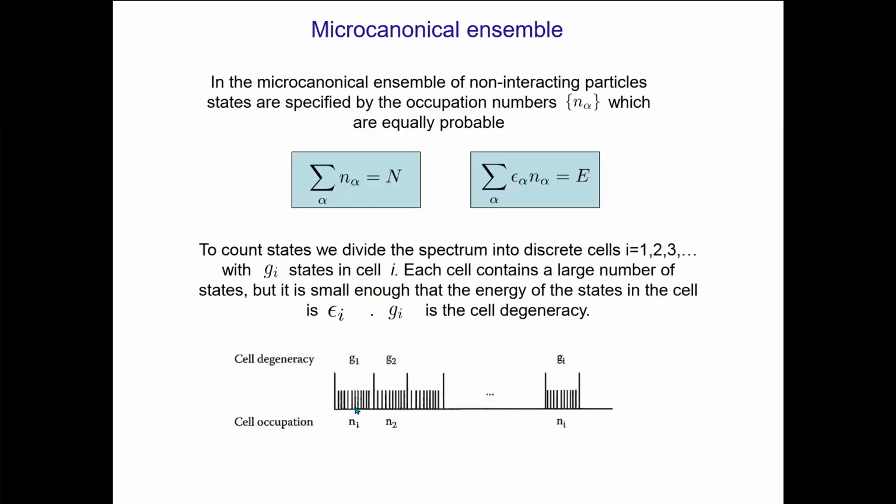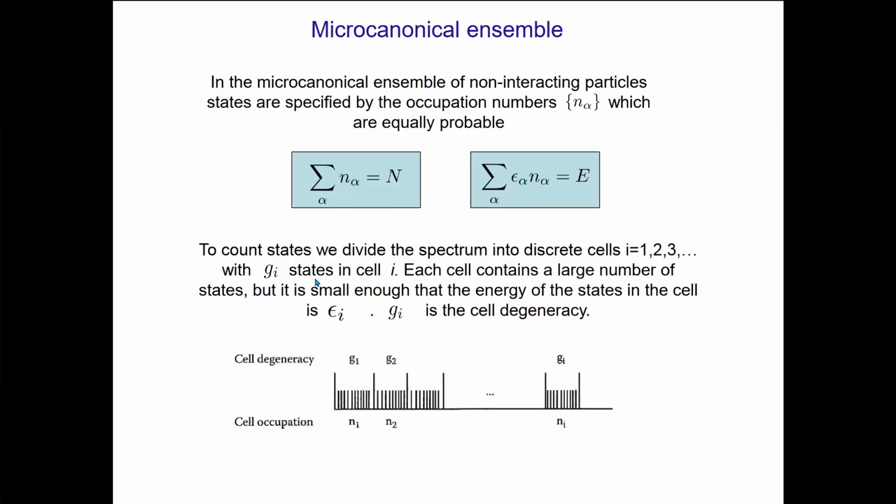Now we assume that macroscopically each cell has the same energy E_i. So macroscopically all states in the cell have the same energy. But still there can be many microscopic states for a particular cell, okay?